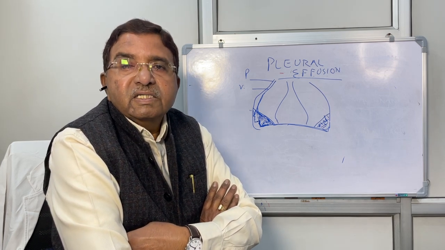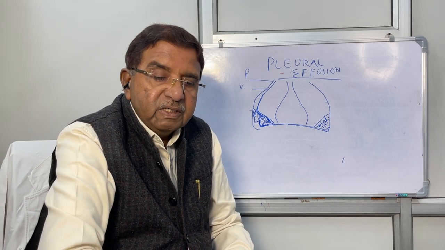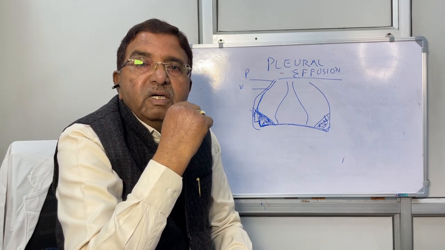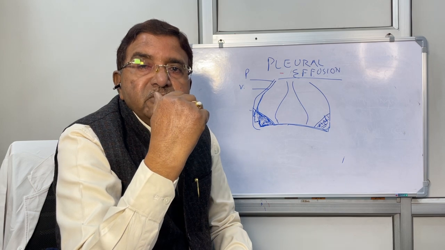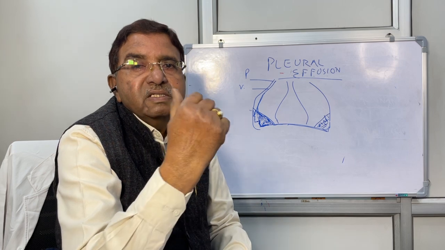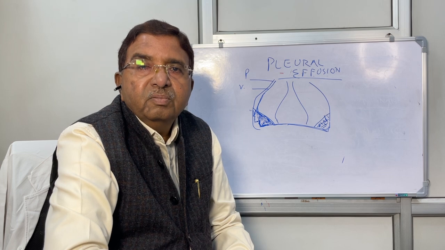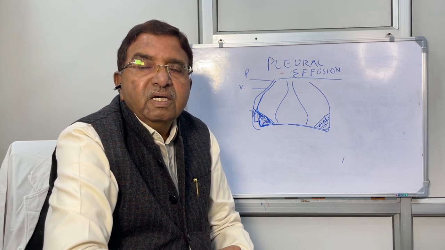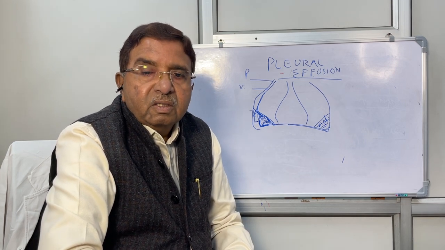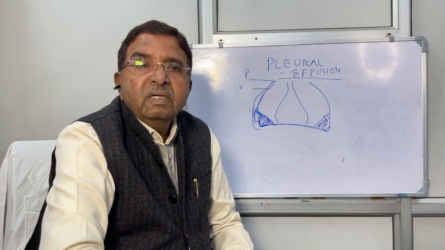Then for malignant cases, the prognosis will depend upon the staging of the disease, whether the malignancy is third stage, second stage, etc. But when the patient comes with pleural effusion of malignant origin, it usually means that it is stage 4 disease. So this is the prognosis that the patient may get after getting the pleural effusion and its treatment. So this is how we can diagnose pleural effusion and treat the patient.